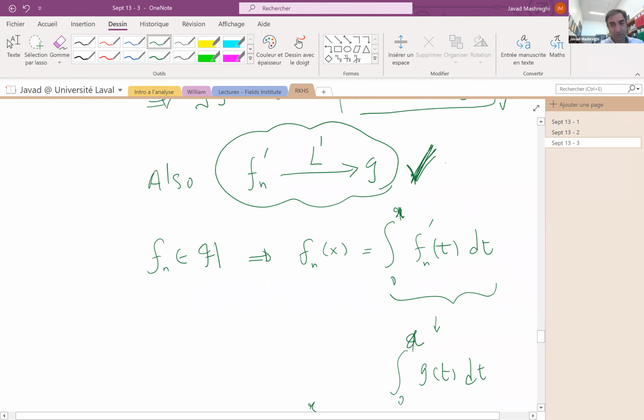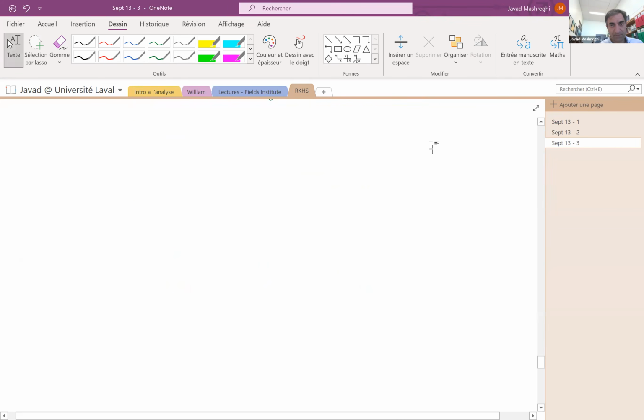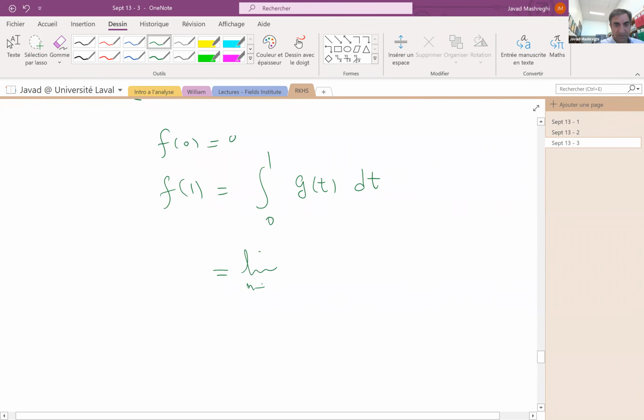Fn prime goes to g in L1. So here I can write the limit as n goes to infinity of the integral from 0 to 1 of Fn prime t dt, because Fn prime goes to g in L1.